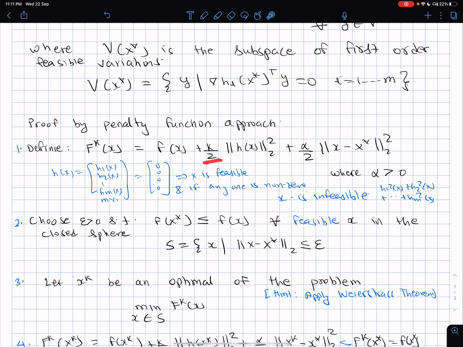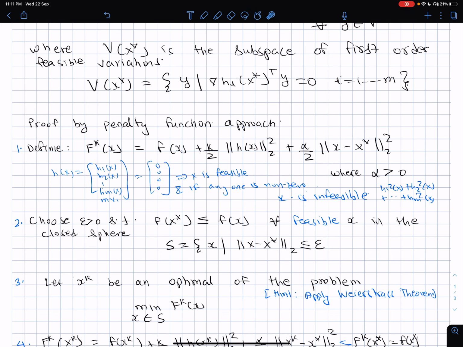This 2 is just added in the denominator so that when I take derivatives later on, the 2's will cancel out. That's the basic idea. In this particular case, we are going to take k as a sequence 1, 2, 3, 4, 5 and so on, tending to infinity. But basically k should be positive so that there is a penalty put on infeasible points.